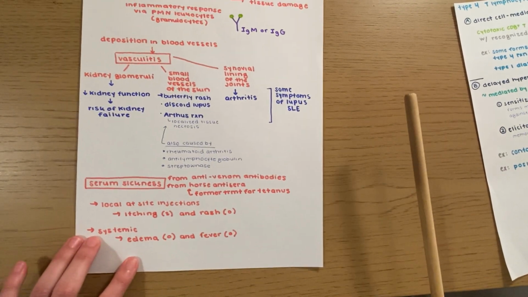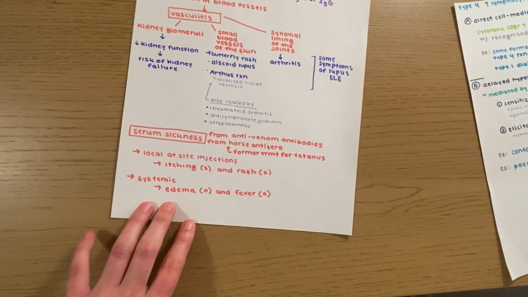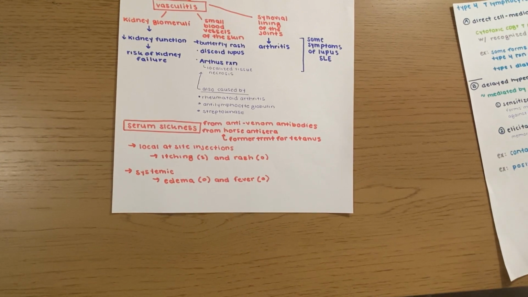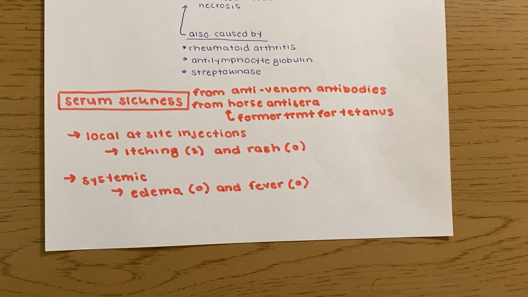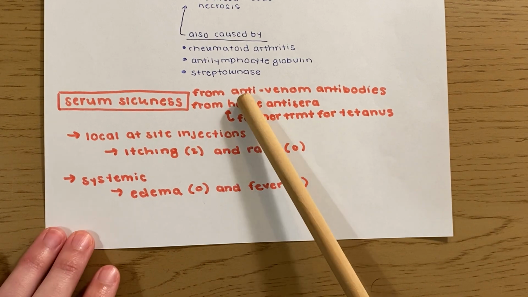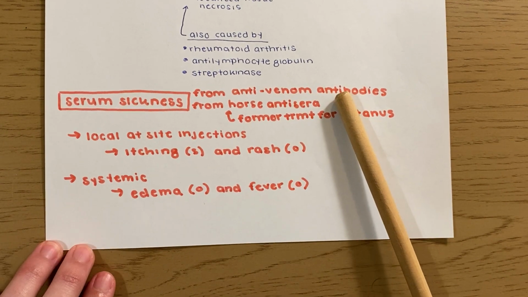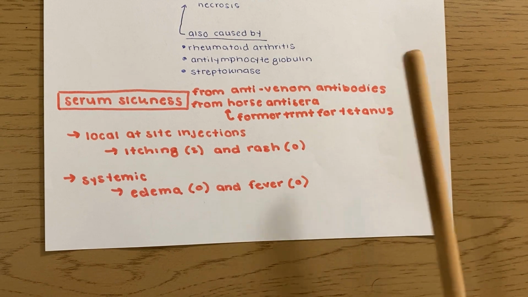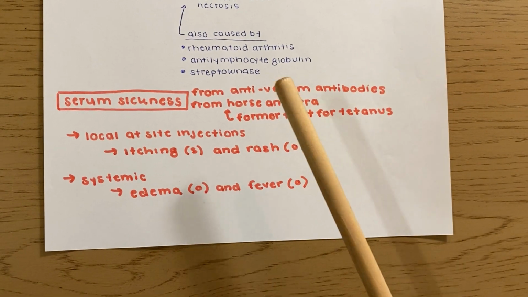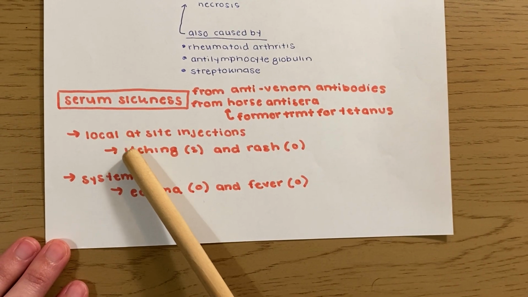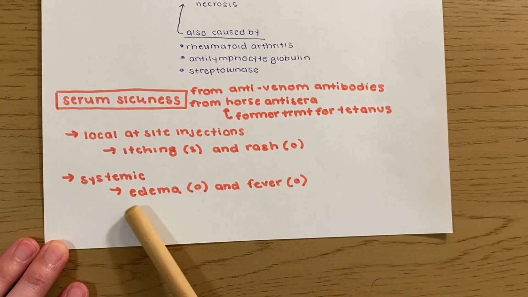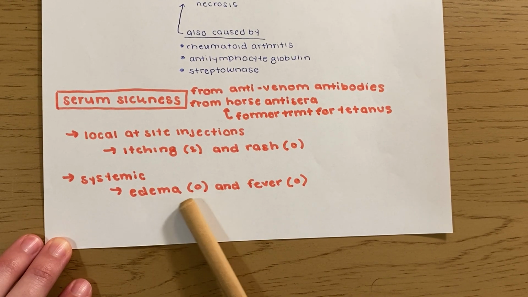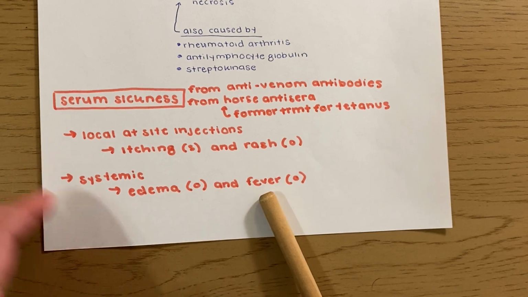Another type is serum sickness, which can be caused if somebody gets a snake bite and they're given anti-venom antibodies and they develop a type 3 reaction. It can cause local itching and rash at the site, or it can be systemic and cause edema and fever.